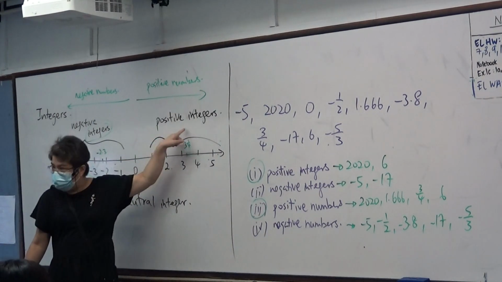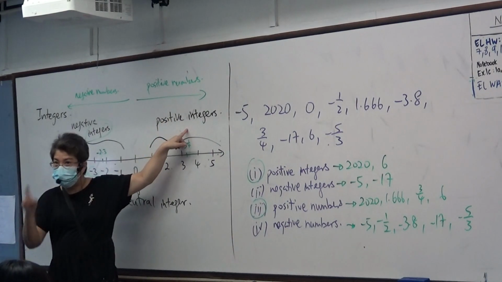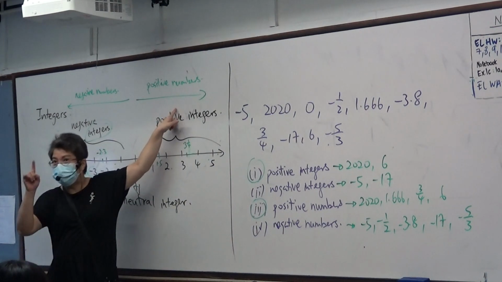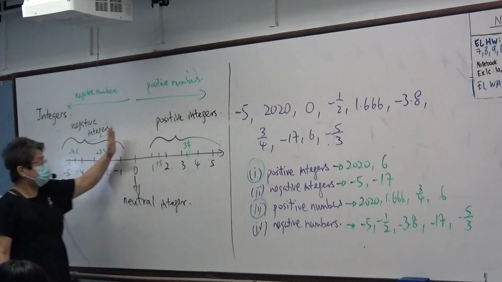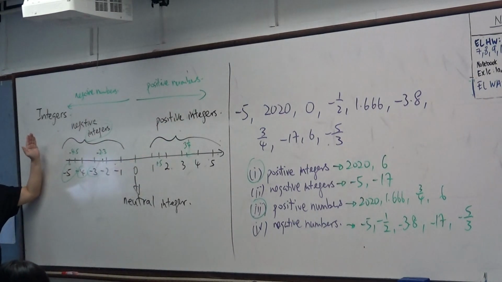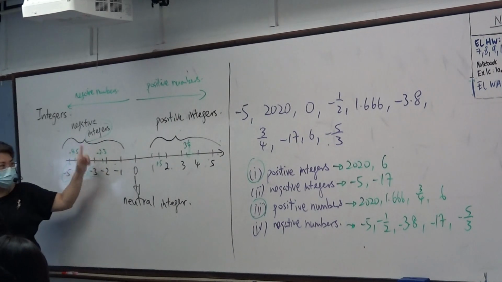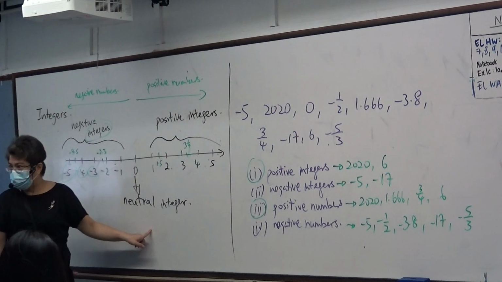Positive numbers include positive integers. But positive numbers may not be integers, because it can be 1.6. You understand what I'm talking about? These are just special ones that are called negative integers. What is 0 called? Neutral. Are we clear?